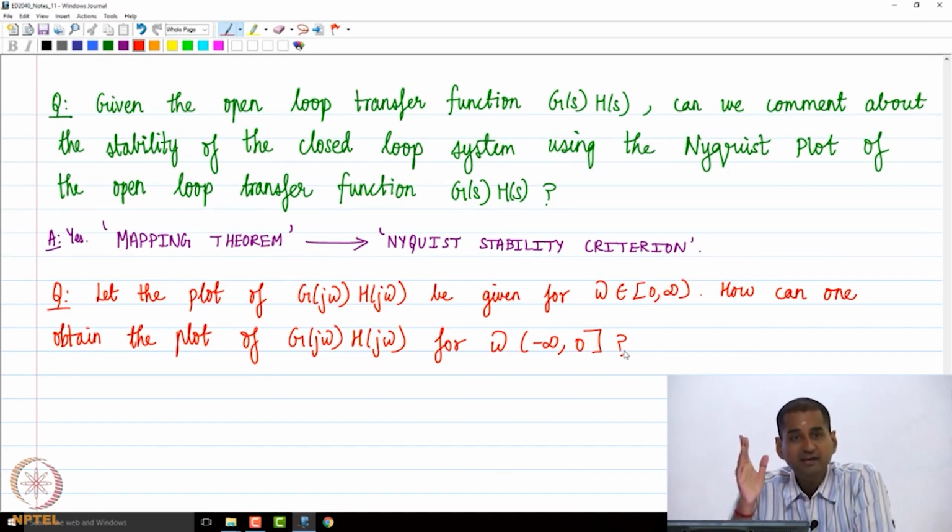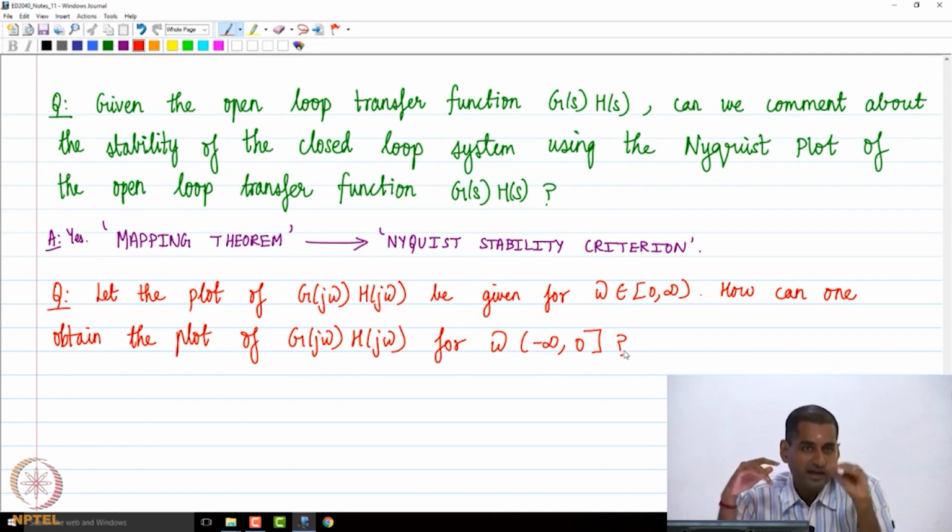But let us now look at omega as a parameter, rather than associating the meaning of frequency. Let us say I substitute s equals j omega, omega is now a parameter, and that parameter can vary from minus infinity to plus infinity. I am given already the Nyquist plot of the transfer function when omega varies from 0 to infinity.